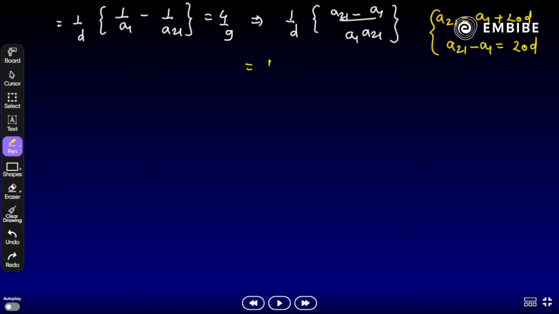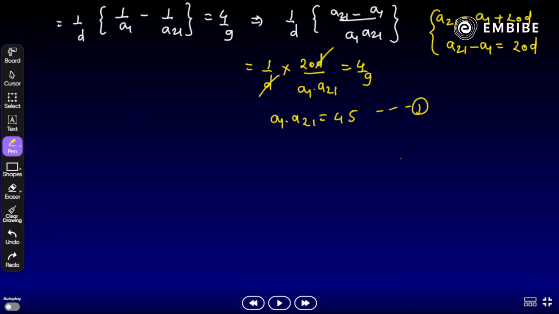So 1 by d as it is, a21 minus a1, 20d divided by a1 a21, which is equal to 4 by 9. Remember, don't forget. Yes, once we cancel out, what we get here, a1 into a21 is equal to 45. That is equation number 1. Clear? Easy.